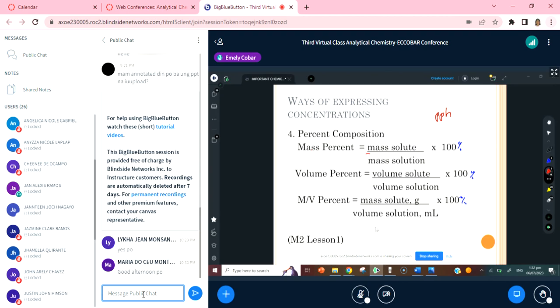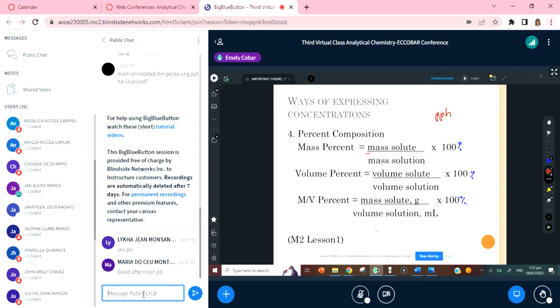The concentration of our solution here is expressed as volume percent, which means the volume of solute divided by the volume of solution. Ibig sabihin, yung solute at solvent natin ay both liquid, so both are in volume.